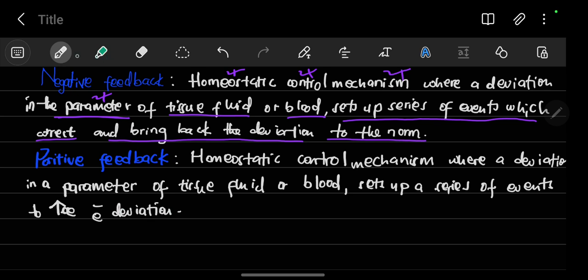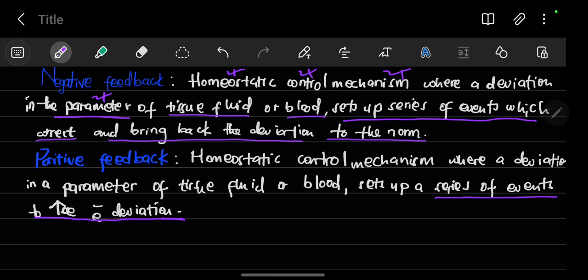So the difference between positive and negative feedback mechanism is here. A series of events to increase the deviation. So in positive feedback, the deviation increases.